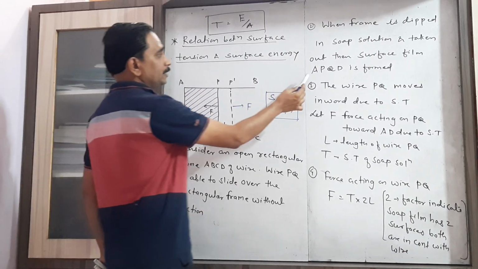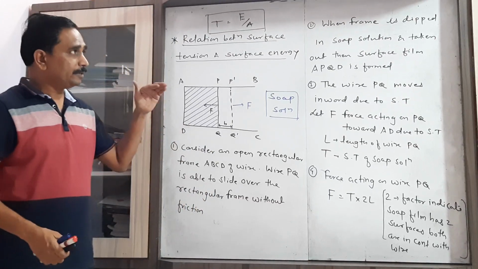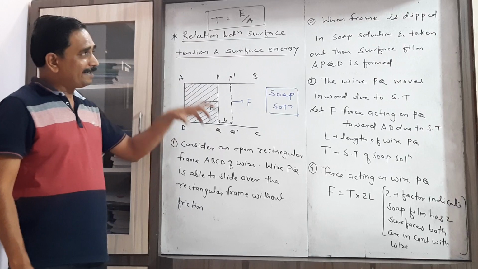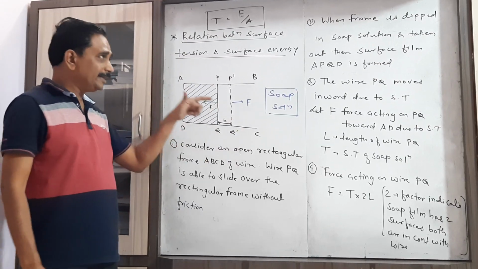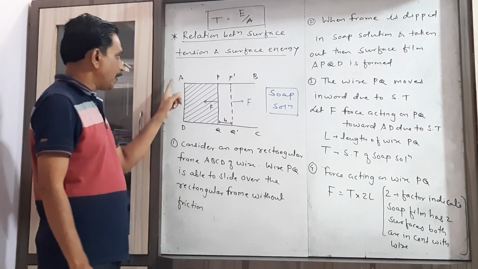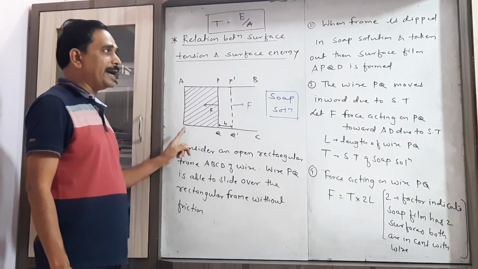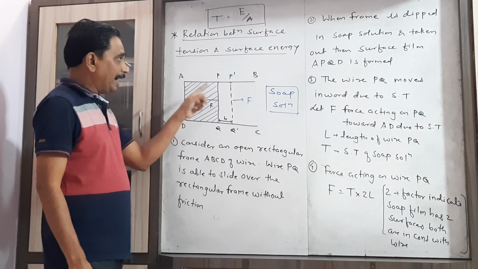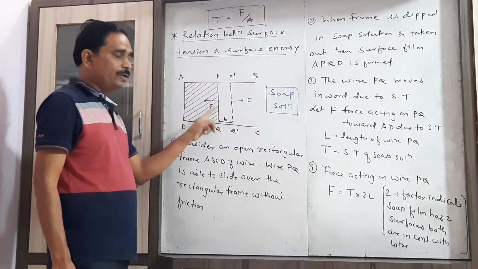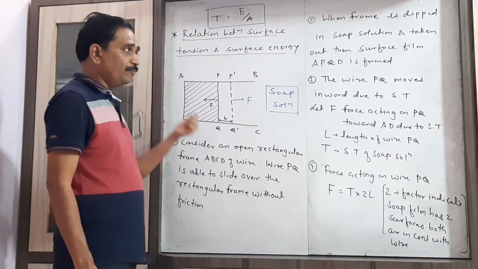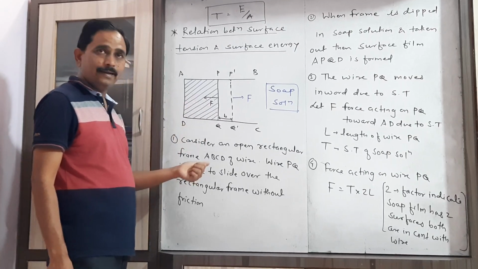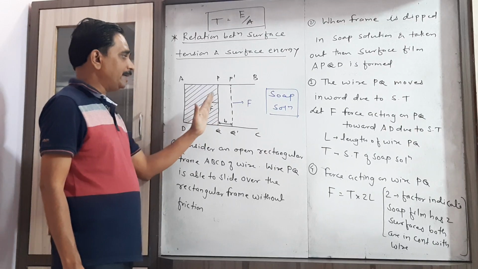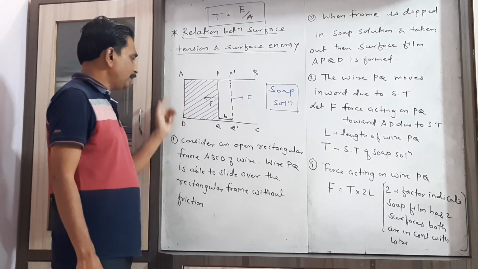So that's why I write here the second point: when the frame is dipped in a soap solution and taken out, then the surface film A, P, Q and D will be formed. Then as this is the only side which is movable, some force acts on that side PQ, because of which that side moves toward the AD.